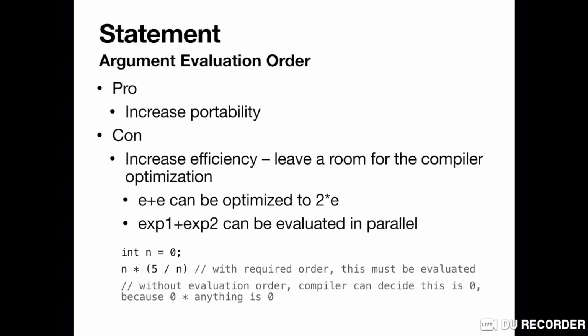But if you specify a required order, this must be evaluated. So the left-hand side has a 0, and on the right-hand side they have a 5 divided by 0, and then it would throw an exception. But if evaluation order is not required, then the compiler can just decide to compile this whole code to 0, because mathematically 0 times everything is 0. So they can make up some smart rules for optimization.